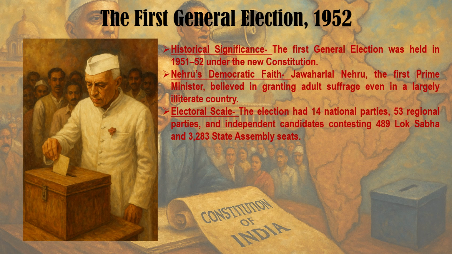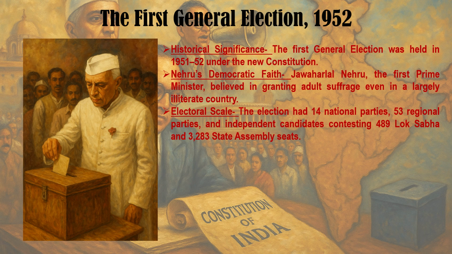Nowadays you will see that there are different votes organized for state assembly and for the central parliament, but in those days, in the first election and for the next 3 or 4 elections, it was one election for the entire nation. States and the parliament, the central government, had one election.